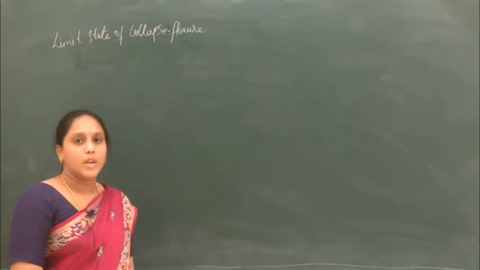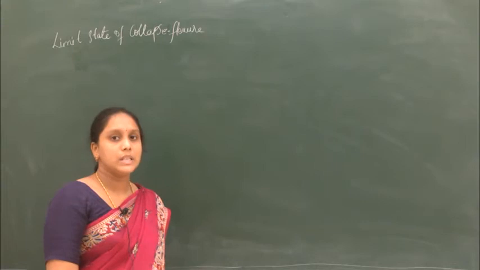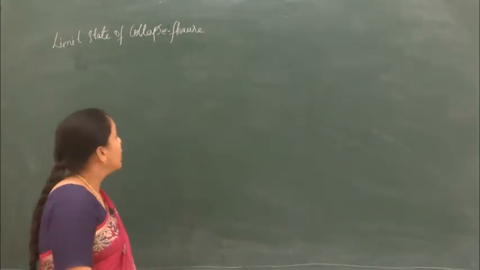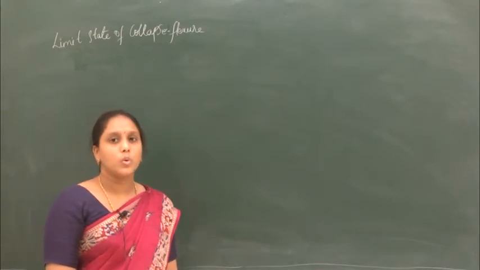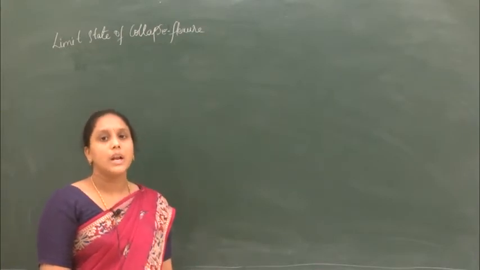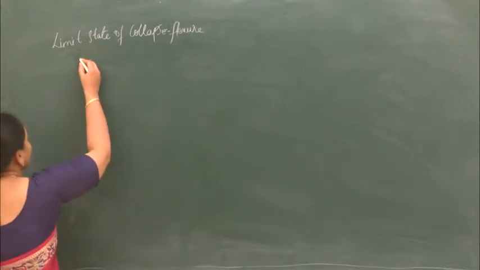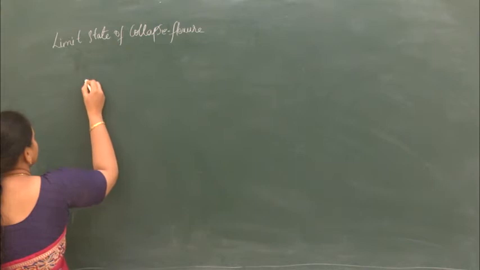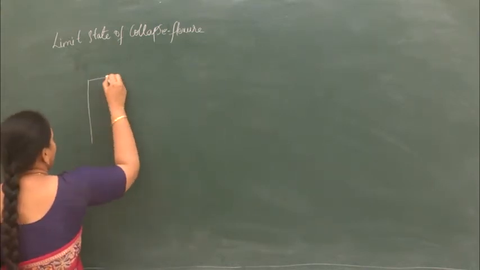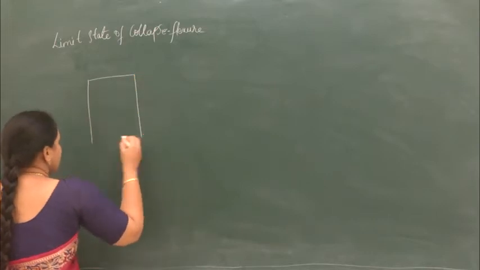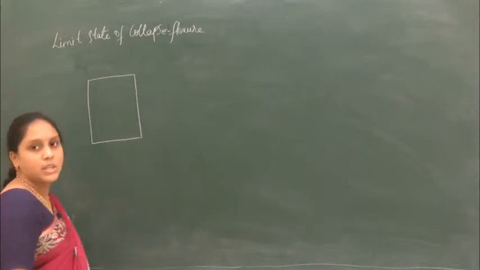So, here we are going to calculate the neutral axis depth. First, we are going to consider a singly reinforced beam section. So, first let us draw a singly reinforced beam section.